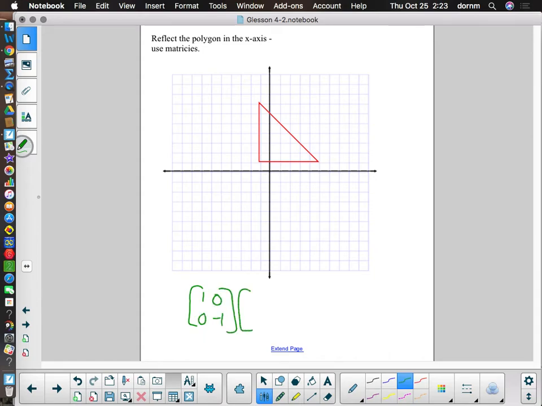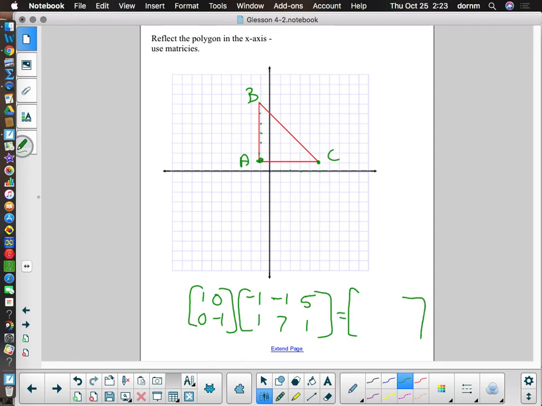And then my coordinate matrix. I'll call this point A, at negative 1, 1. Point B here is at negative 1, 7. And point C here is at 5, 1.